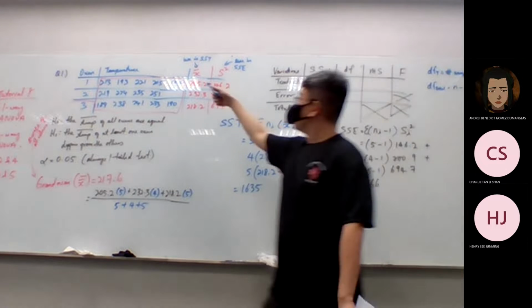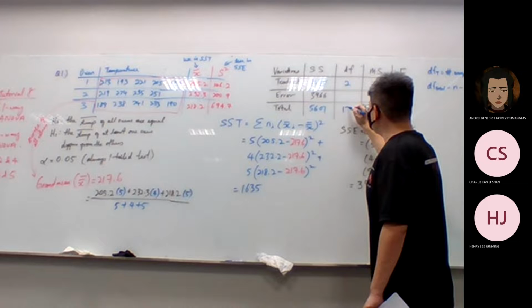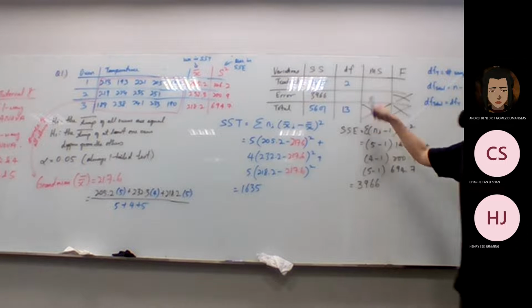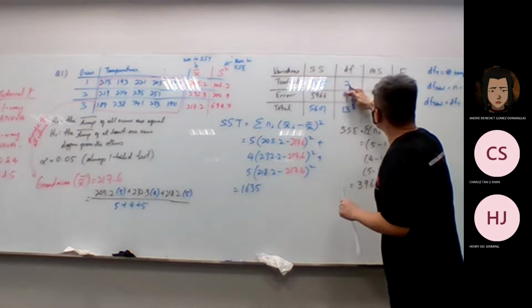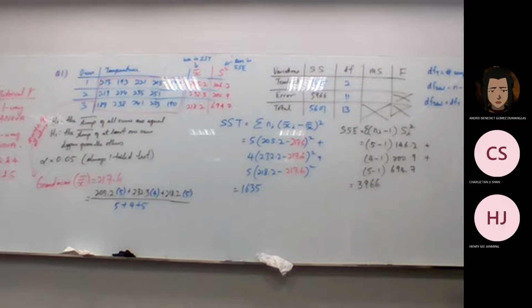So in this case, 5, 5, 10 plus 4, 14. So here is 13. Then you work backwards because your degrees of freedom for total is your degrees of freedom for treatment plus your degrees of freedom for error. So you work backwards, this will be 9. Okay, no. 11. 11. Okay. So far so good.